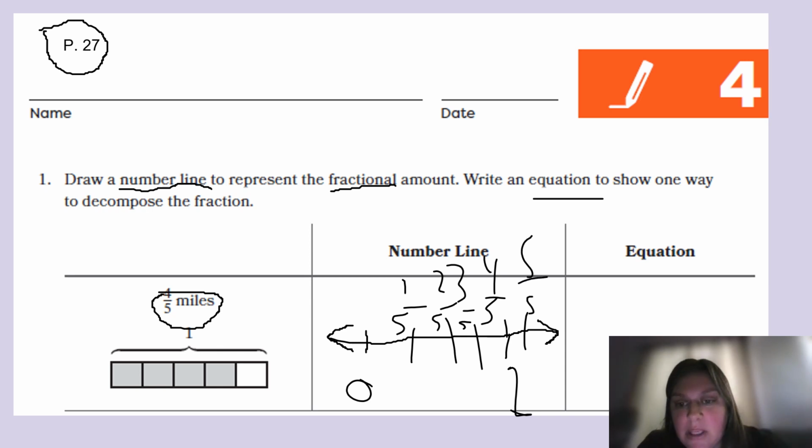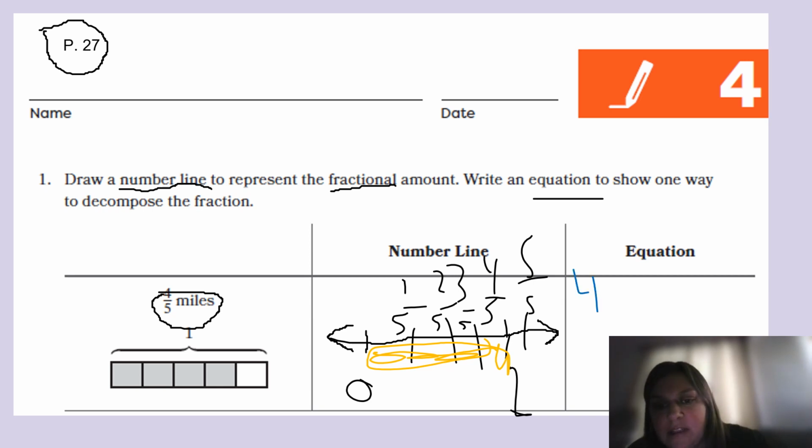And I'm sorry, it's really hard to draw on the screen. I have a tiny box to write on. All right, so to represent 4/5, we would have shaded 1, 2, 3, 4. So hopefully you have 4/5 shaded. And then for your equation, you would have said that 4/5 equals, and it didn't tell us if we had to use unit fractions.